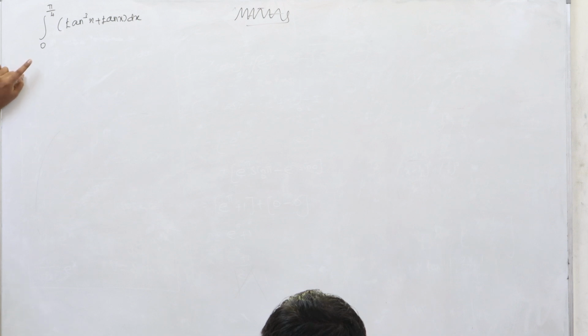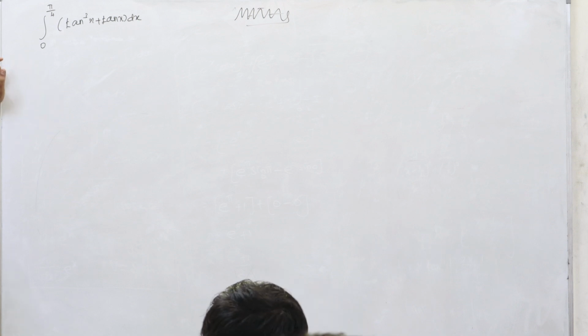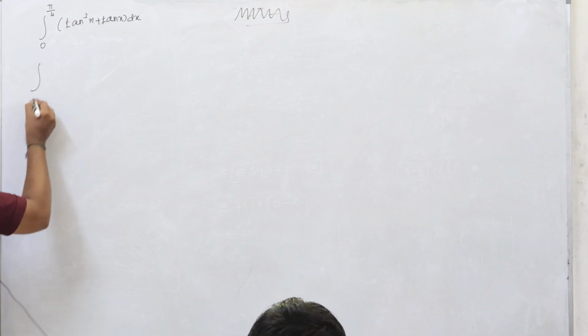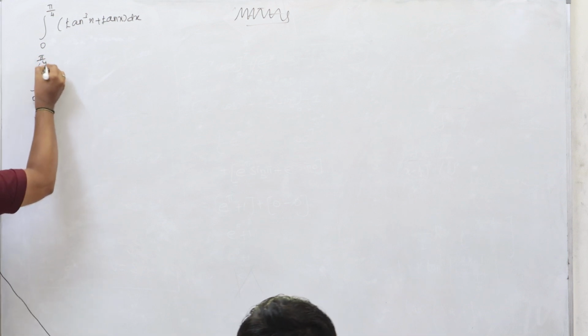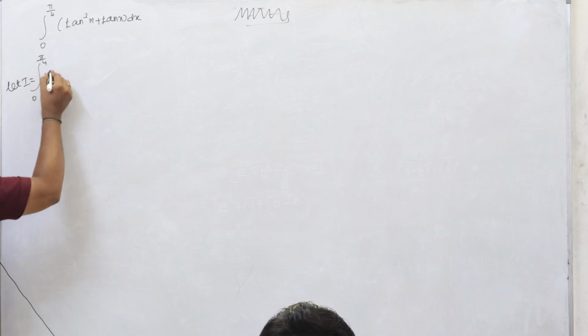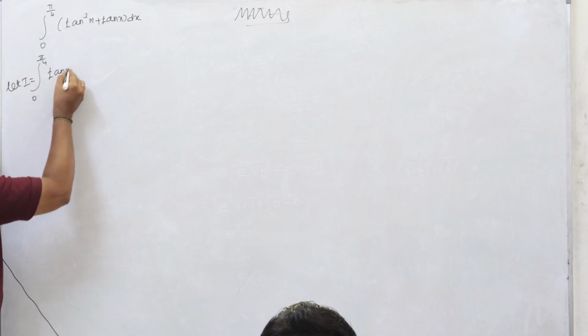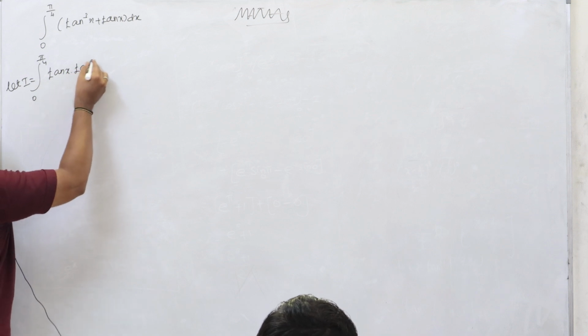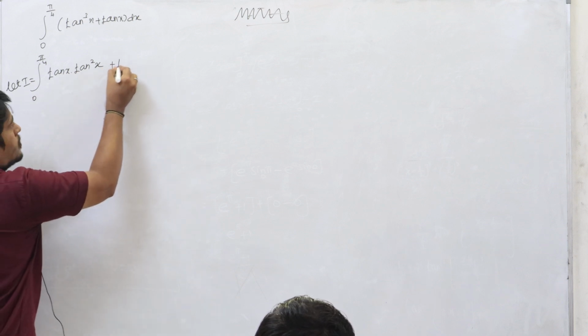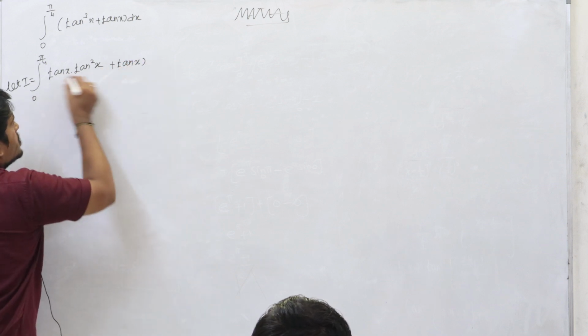So tan cube x plus tan x into dx. First we have to simplify this. This tan cube x we can split, right? Tan x into tan square x plus tan x into dx.